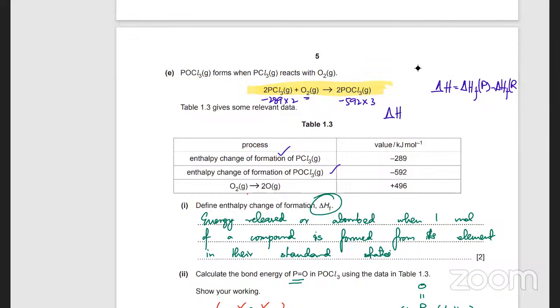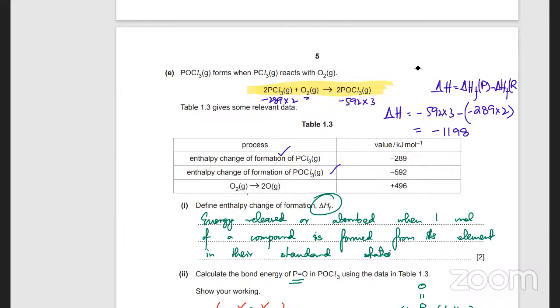So the enthalpy change that we wanted to solve for is products minus reactants. So it's going to be minus 592 times 3, which is 1776, minus the reactants, minus 289 times 2. That comes to minus 1198.